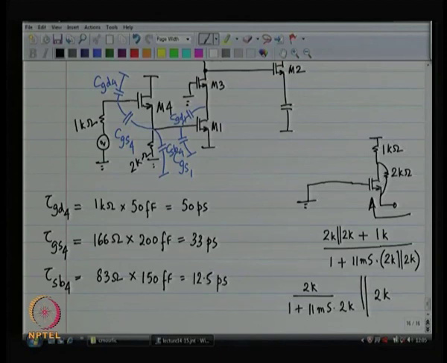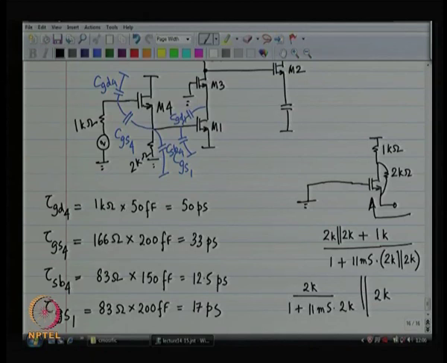Similarly, gate to source of device number 1 will also see the same thing. So, it's suddenly become all small numbers. Picoseconds. What remains is gate to drain of device number 1.